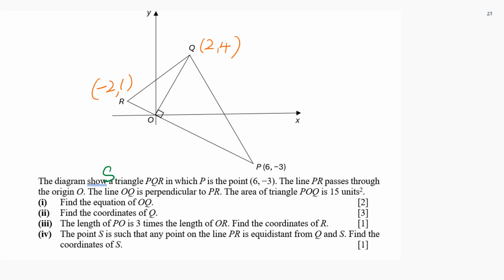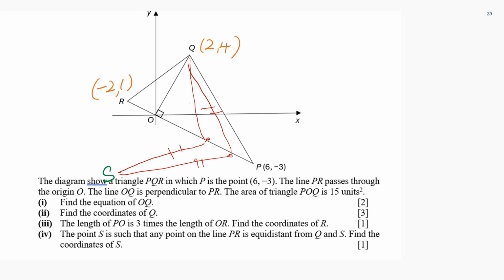Okay, so let's fill up what we have known so far. We have found the coordinates of Q to be (2, 4) and the coordinates of R to be (-2, 1). So we are asked to find a point S such that any point on the line PR, that means any point here, will be the same distance from Q and also the same distance from the point S. That means anywhere here, same distance.